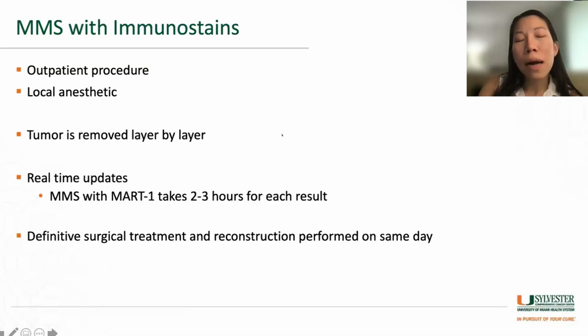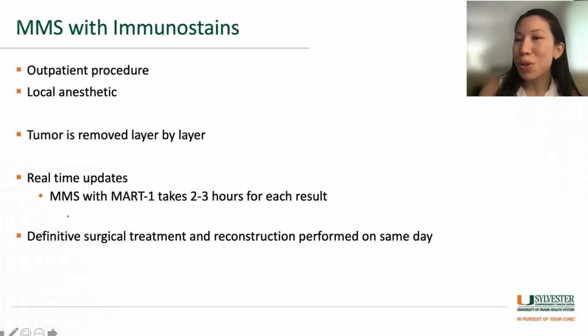That differs from what we call Mohs with immunostains, because here we're removing the tumor layer by layer in the office, but we have real-time updates because we have an on-site lab where we're able to see the melanoma cells with an immunostain called MART1.